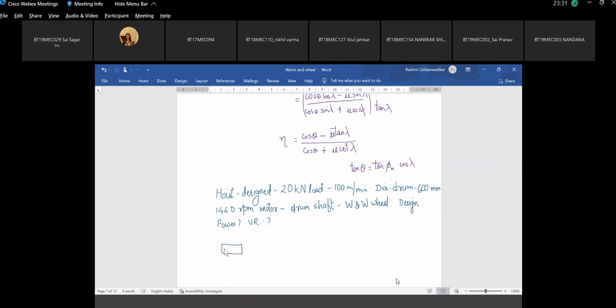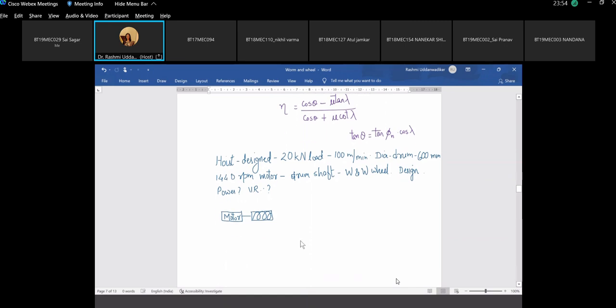There is a motor whose rated power is not given, but it is rotating at 1440 RPM. This motor will drive the worm. This is the worm. Worm will drive the gear or the wheel.